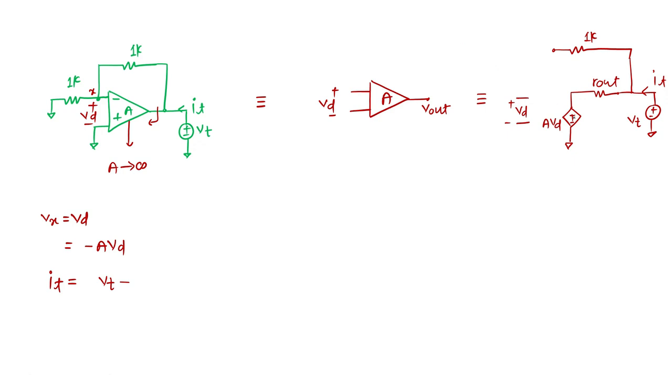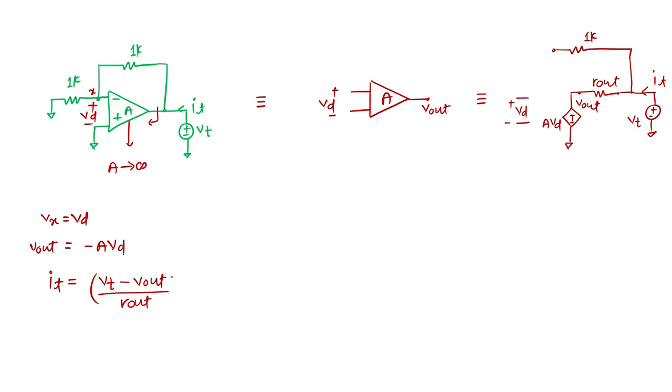This is the V out that I want to see. This minus A VD is nothing but V out. Okay. So now write the expression for IT. IT is VT minus V out by R out.